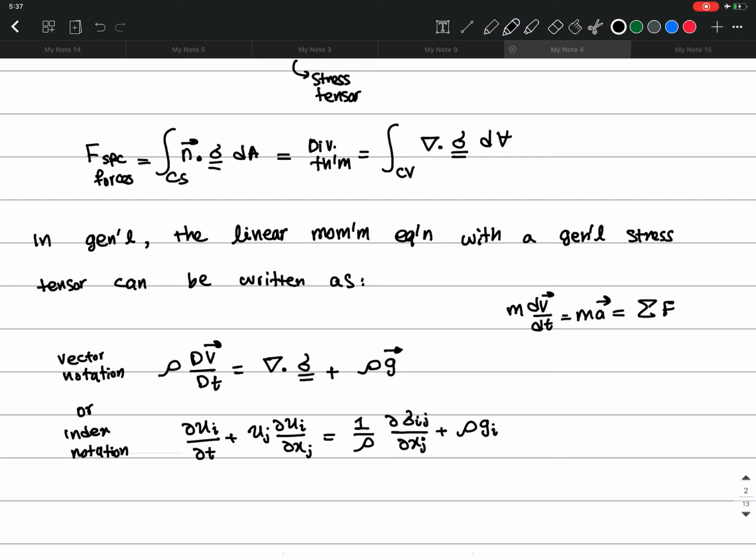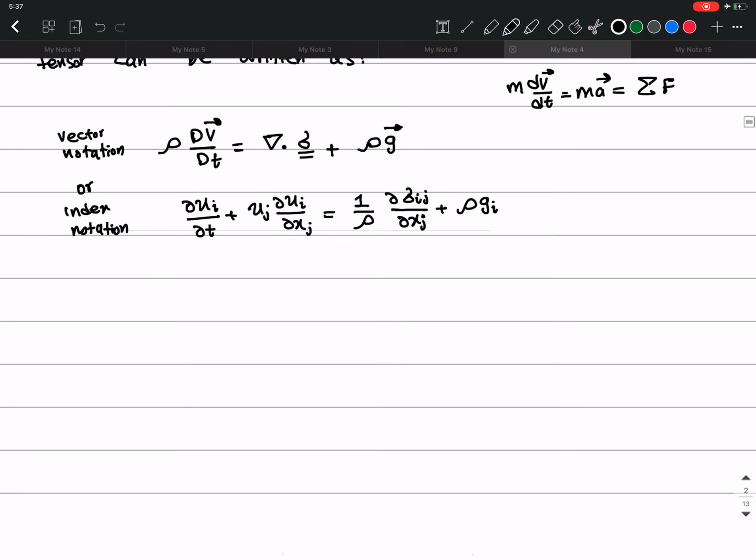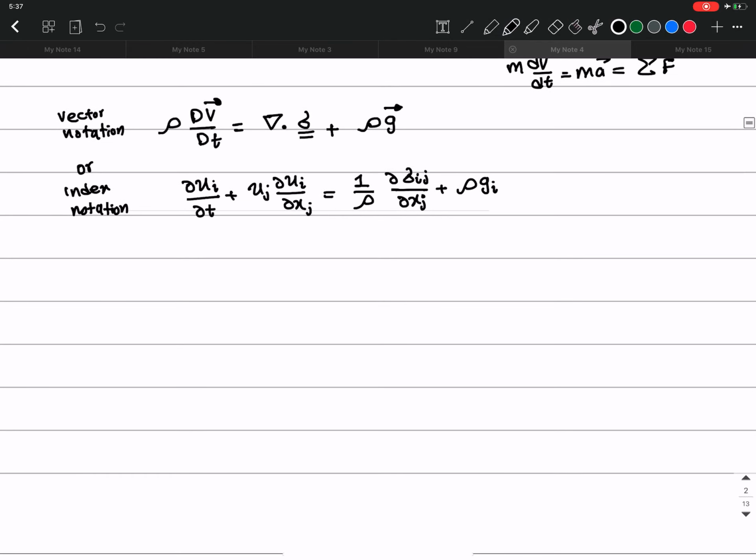Okay. So this is now a more general form than Euler's equation, because it accounts for all the surface stresses, not only the pressure, but also the viscous forces or shear stresses acting on any fluid particle.